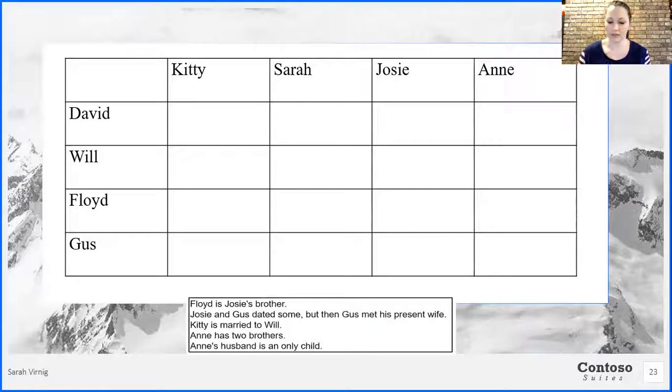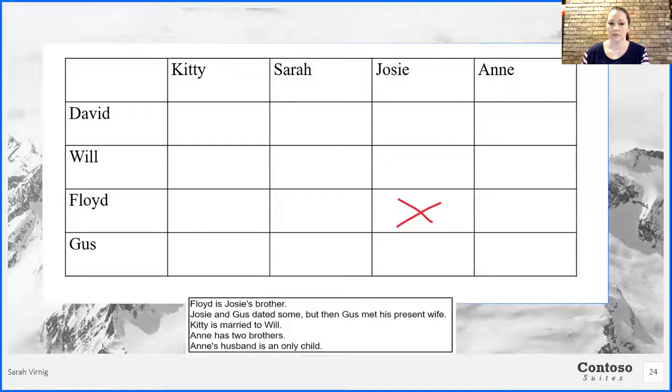So what we're going to do is go through it and mark off what we do know. So we know that Floyd and Josie are not married because they're siblings, so we can put an X there.